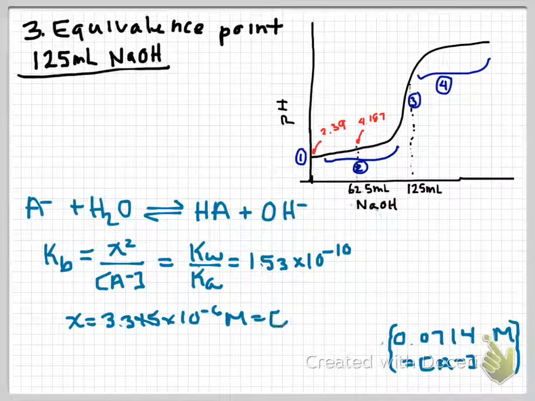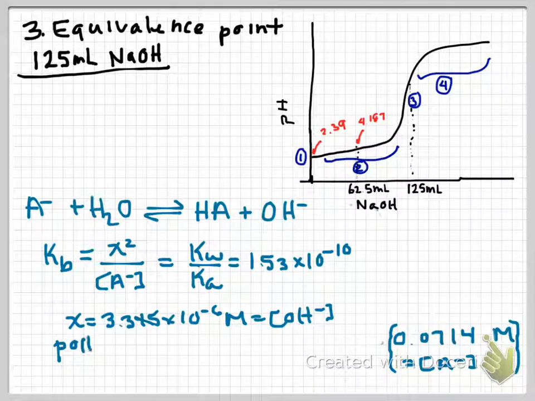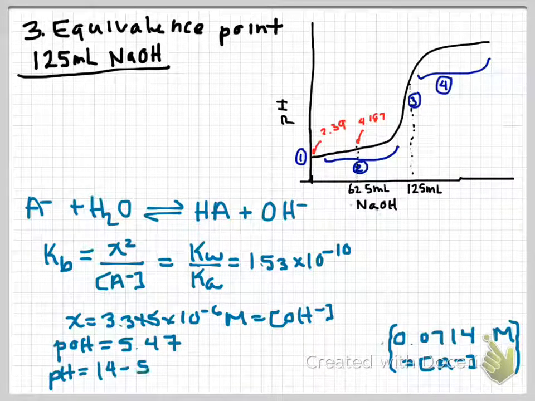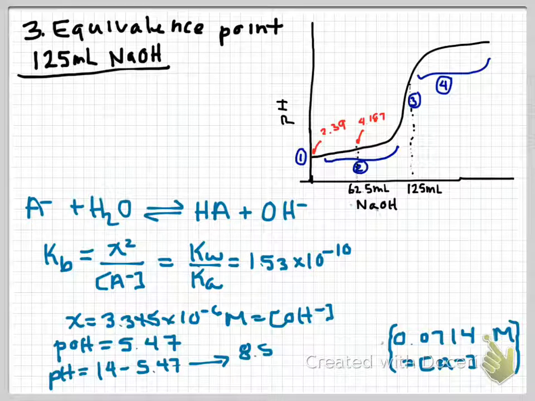And that equals my hydroxide concentration, very important, which leads to a pOH equal to 5.47, or a pH of 14 minus 5.47, which is 8.52.